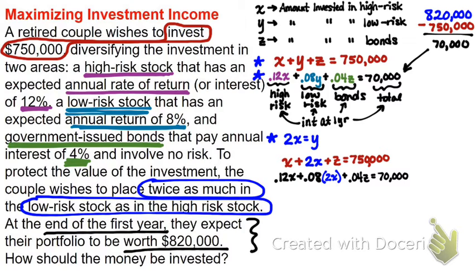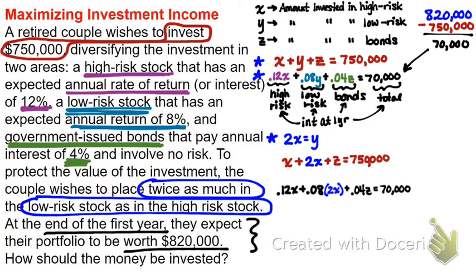What do I get when I simplify the one that doesn't have decimals? Yep. I get 3x plus z equals 750,000. What about the one with decimals?